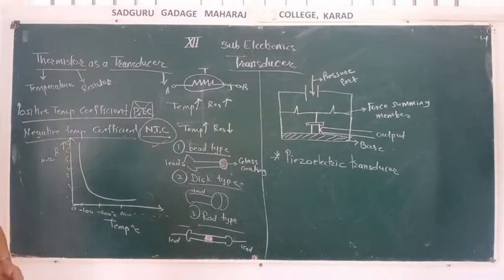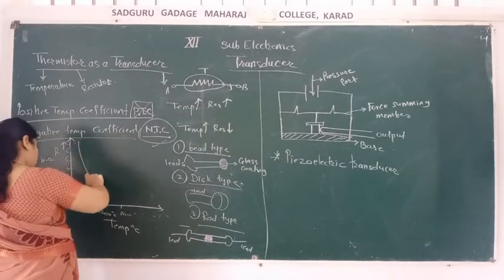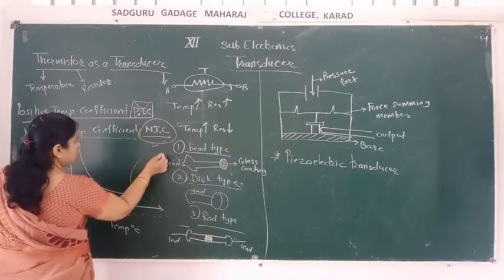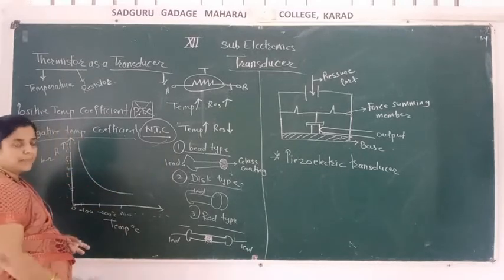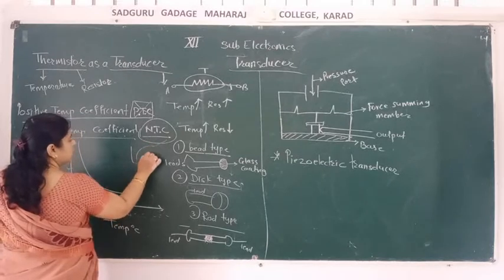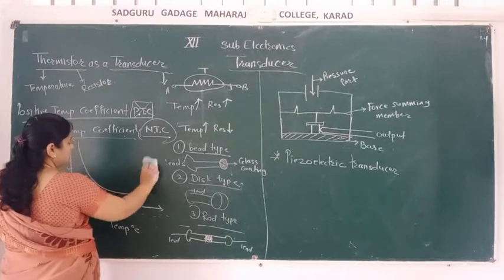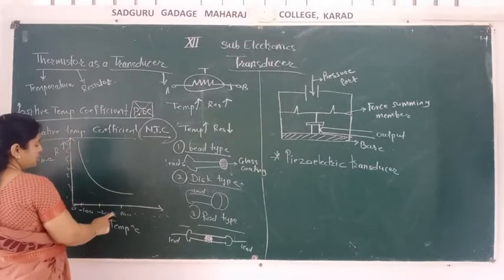If resistance increases as temperature also increases, then you can draw like this for the PTC. But the PTC concept is not in this thermistor. Only the NTC concept you have to see.